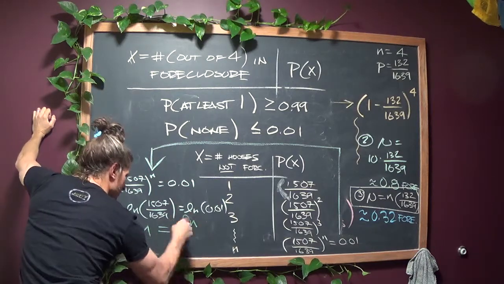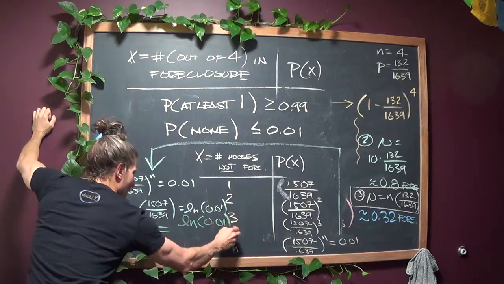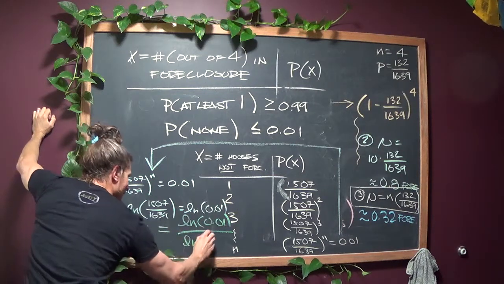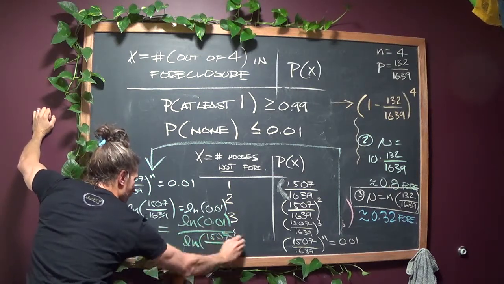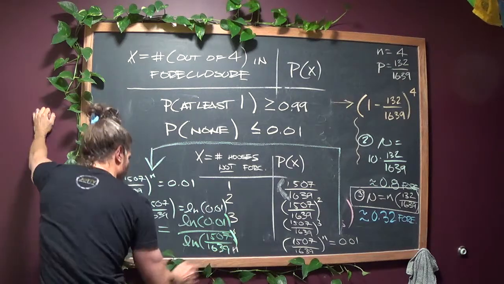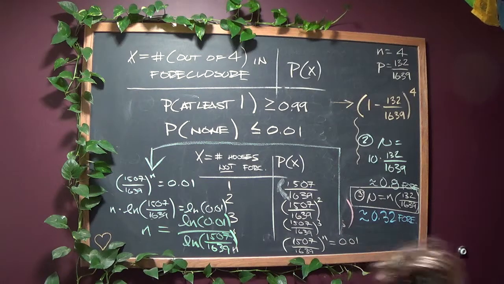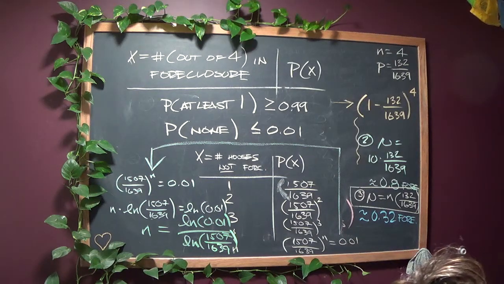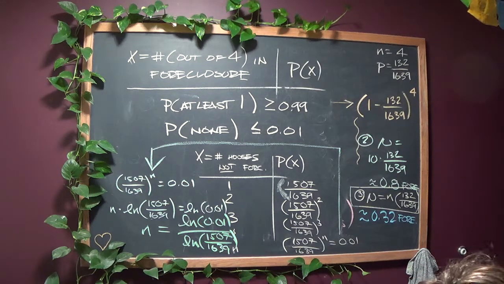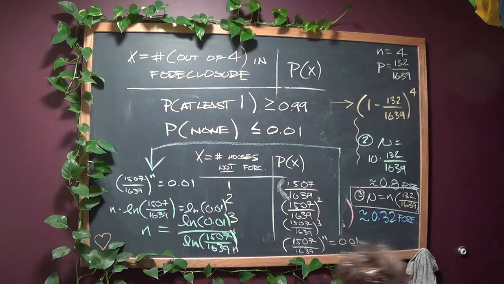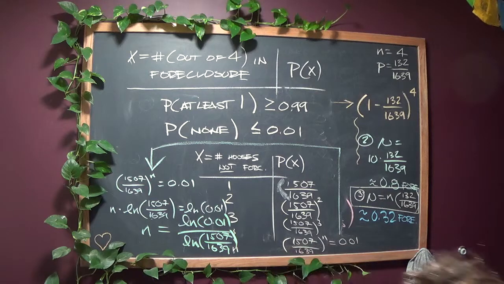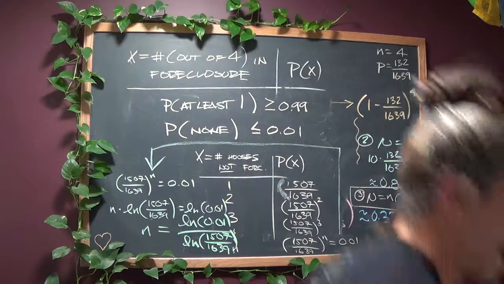You've got the log of 1% divided by the log of 1507 over 1639, and all we got to do is figure out what that equals. Use Excel again: natural log of 0.01 divided by the natural log of 1507 divided by 1639. And I come up with about 55 houses.